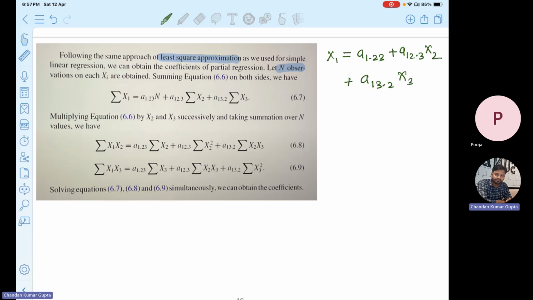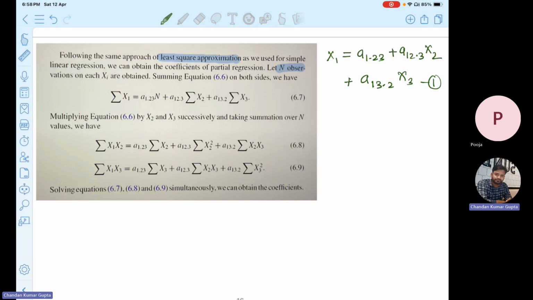For using the least square approximation approach, we first form the normal equations with the help of these, and these normal equations are very easy to form. Here we are given this equation.